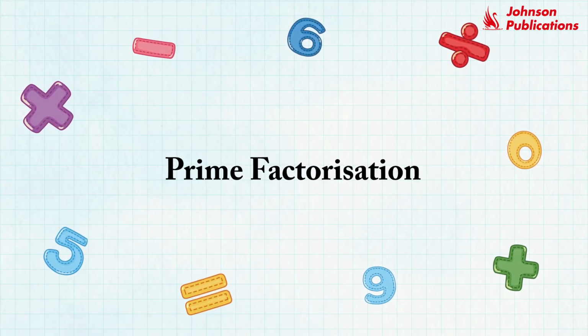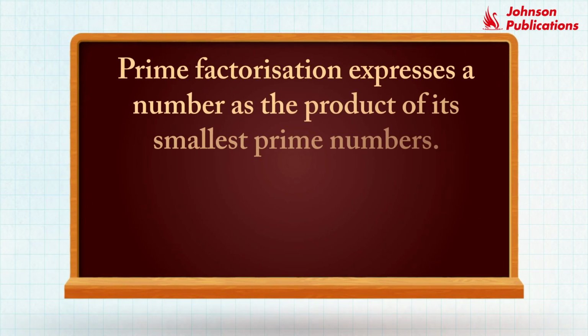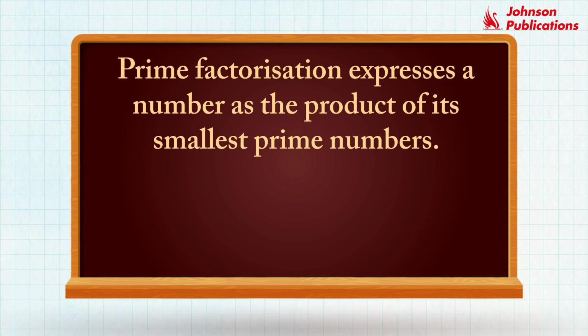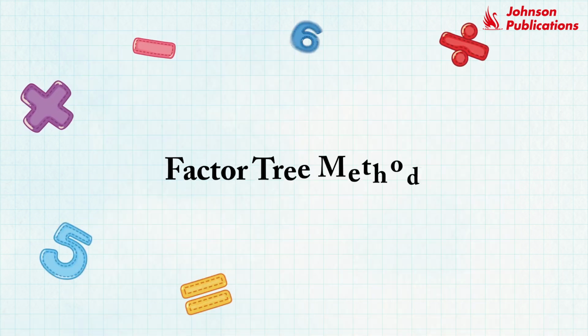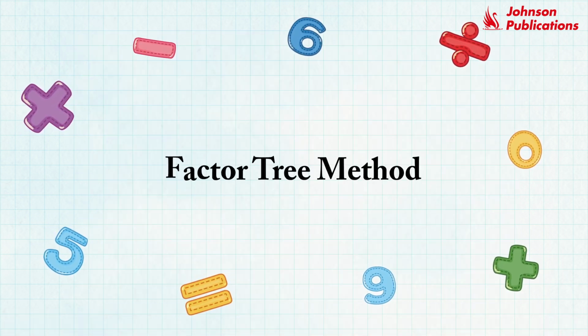Prime factorization. Prime factorization expresses a number as the product of its smallest prime numbers. These prime factors can evenly divide the number without leaving any remainder. Factor tree method.